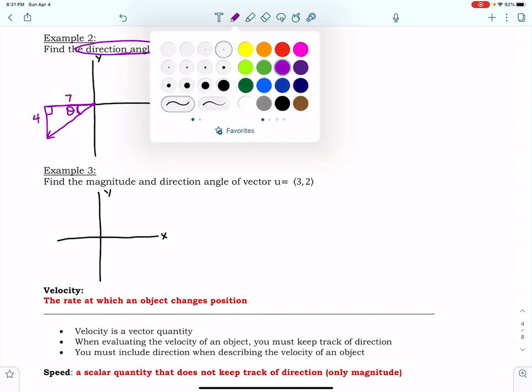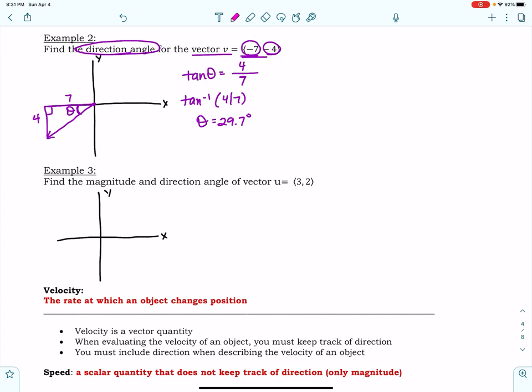So remember, for the direction angle, we start at positive x and we go all the way through to the vector. So it's 180 degrees through quadrants 1 and 2 plus that reference angle, because this is the reference angle right here.